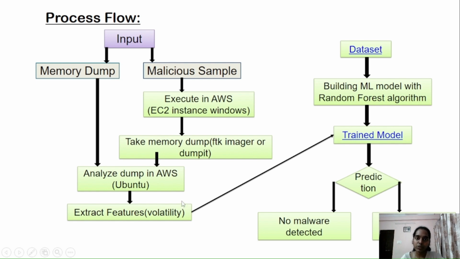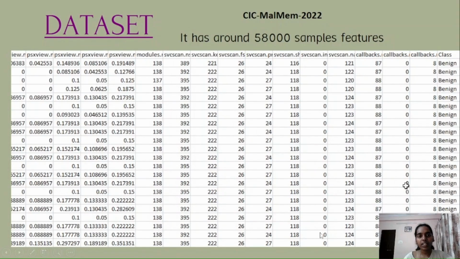Here we are using Volatility to analyze the memory dump and extract features. On the other hand, we found a dataset which suits our project, and we've trained a model with the random forest algorithm, and the extracted features are sent into the trained model for prediction. This is the dataset that I've chosen.